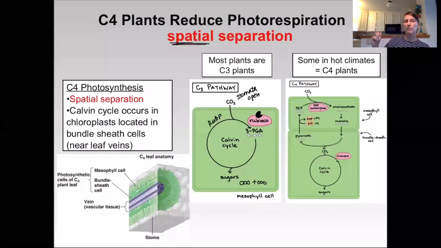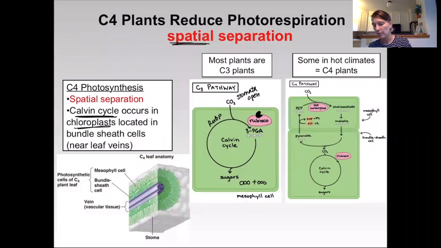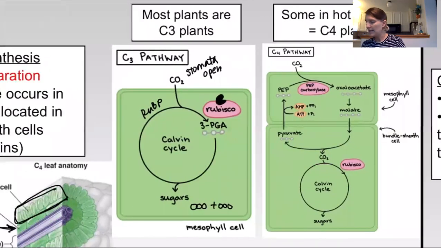In C4 plants, we're going to see that the Calvin cycle occurs in chloroplasts, not in the mesophyll, but rather in these bundle sheath cells. So here, for example, we're looking at a leaf vein. Here is where the mesophyll cells are. The bundle sheath cells are deeper in the plant, close to the vein. So in very hot climates, some plants have evolved to do carbon fixation, remember, taking carbon dioxide out of the air and making it into something useful, an organic molecule.